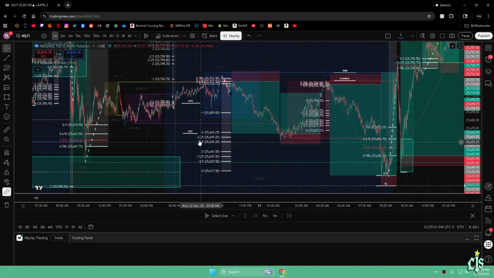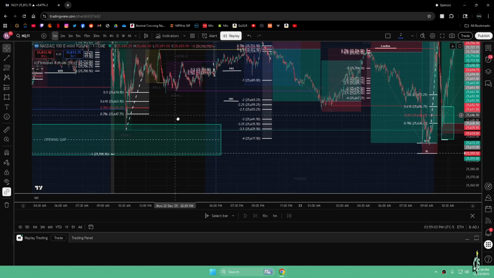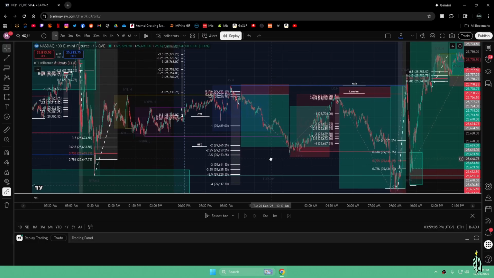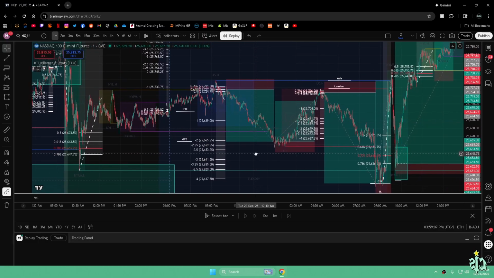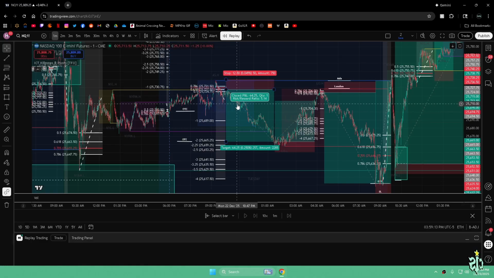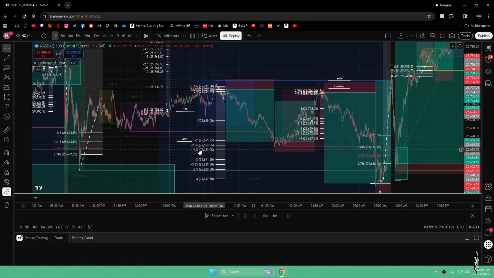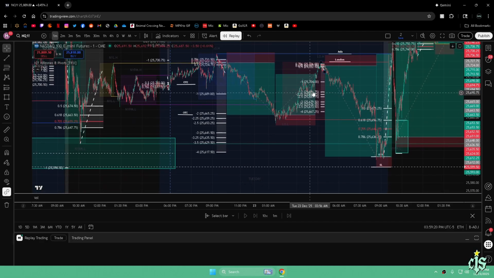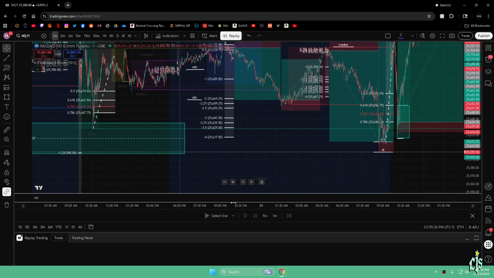Just looking at all these OTE ranges pre-market, you could kind of tell where the market wants to go, right? If the market is going up, it's gonna bounce off our OTE range, most likely, and then go back down, back to the imbalance, and bounce off it. Okay, it respects these highs, so that means we'll take it later. So what's its next aim?